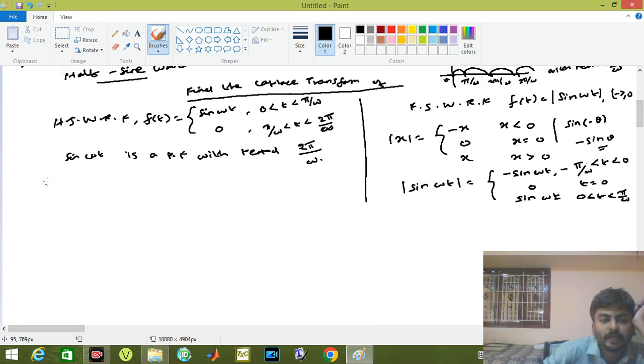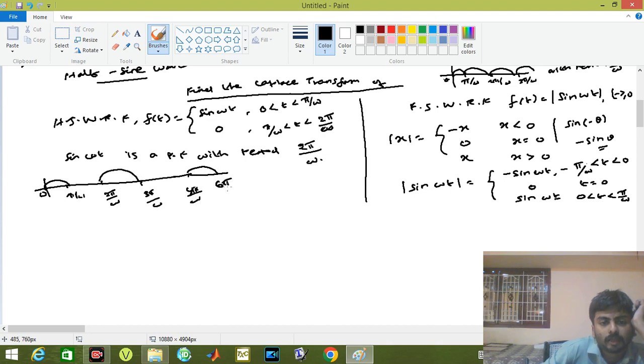Here the waves will be like 0, pi by omega, this is 2 pi by omega, this is 3 pi by omega, this is 4 pi by omega. So it is 0 and this will exist like this, and this is 6 pi by omega. Okay, but whereas this will not exist, this is absent.